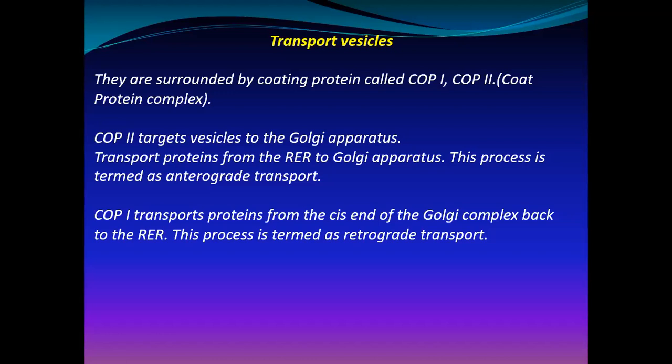So from RER to Golgi apparatus, the transport is called anterograde transport, involving the protein COP2. And retrograde transport means from the Golgi complex going back to the ER.